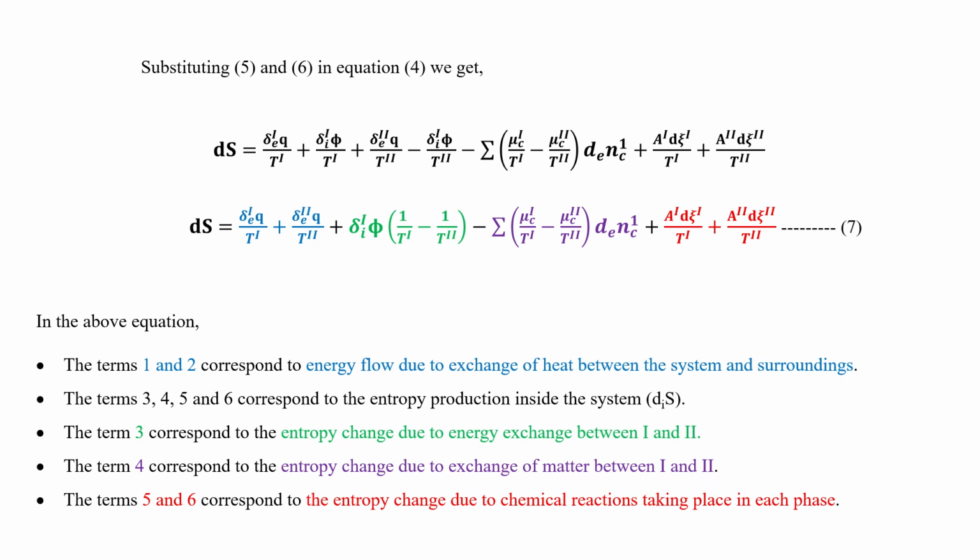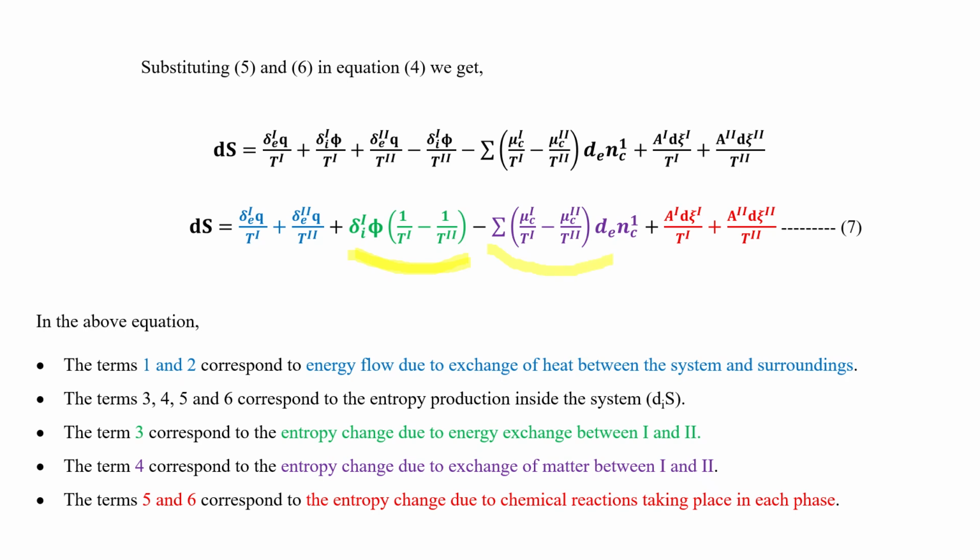So you can see the equation 3 corresponds to the entropy change due to energy exchange between 1 and 2. If there is an exchange of energy between phase 1 and 2 within the system, it is represented here. I have highlighted it in green color. Next, term 4 corresponds to the entropy change due to exchange of matter.